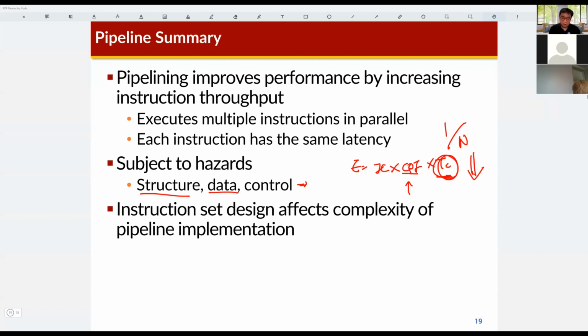Also, we can apply data forwarding to reduce data hazard. Then we can apply branch prediction to reduce the control hazard. Okay.